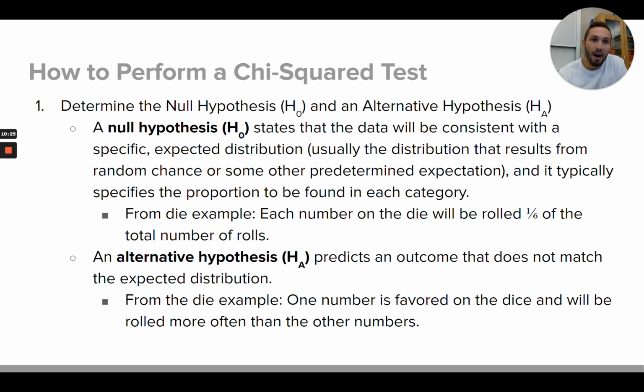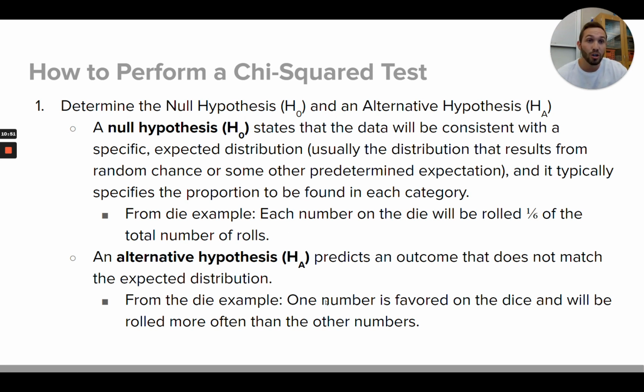The alternative hypothesis, that's when you would now predict basically the opposite of the null hypothesis. You're going to predict now that there is something going to happen that's going to make it not match the expected outcome. So from the dice example, I could easily say for my alternative hypothesis, one number is favored on the dice and will be rolled more often than the other numbers.